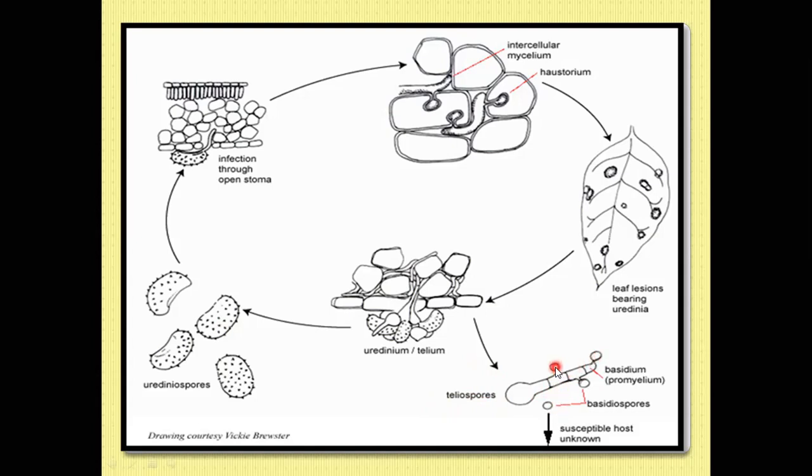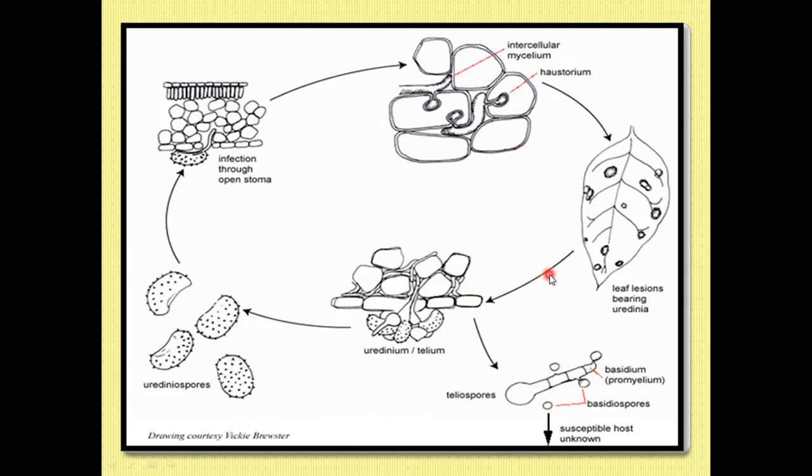You see this 1, 2, 3 and 4, meaning 4 basidiospores are generally produced on a 4-celled promycelium after the germination of the teliospores. But in the life cycle of Hemileia vastatrix, there is no idea about aecial spores and pycnial spores.